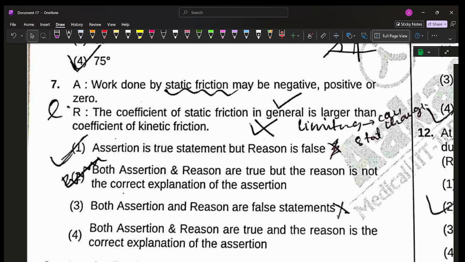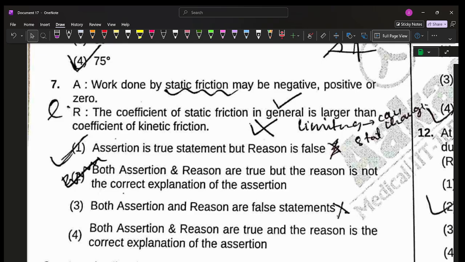Okay, a wheel rolling on a surface while an external force is applied. Okay, so it can also do negative work if friction and displacement are in opposite directions.